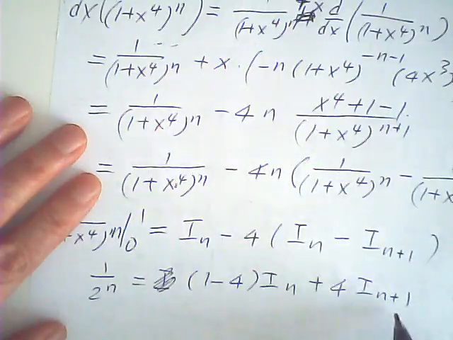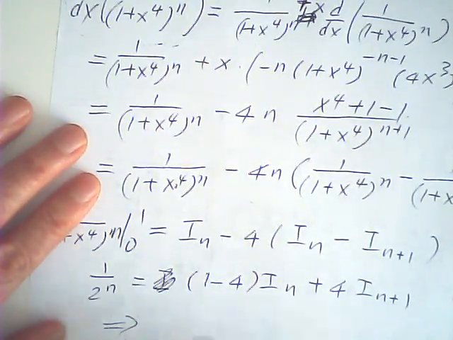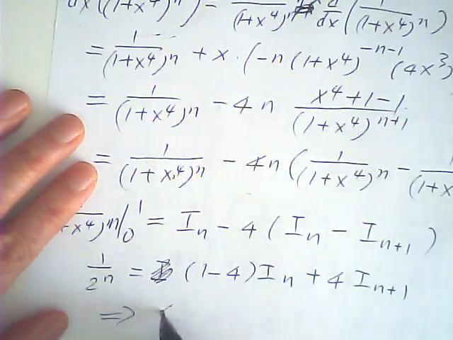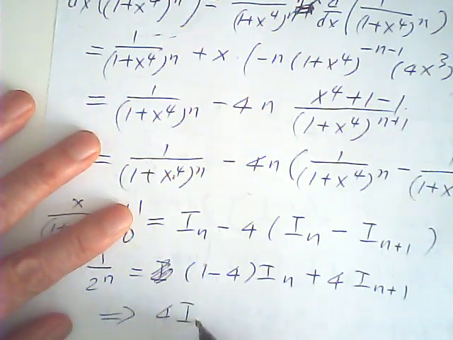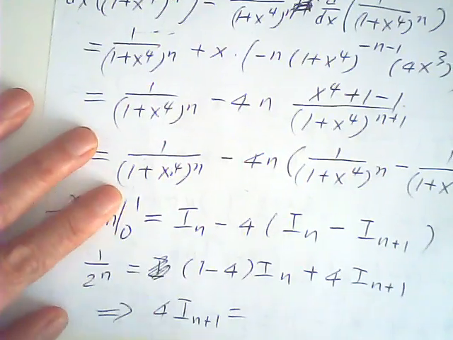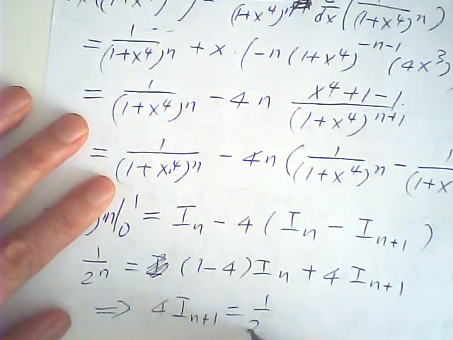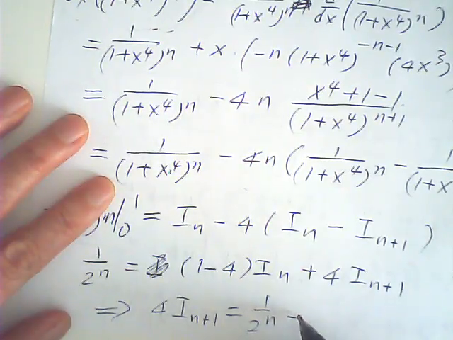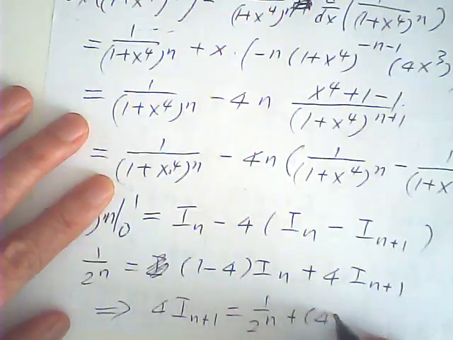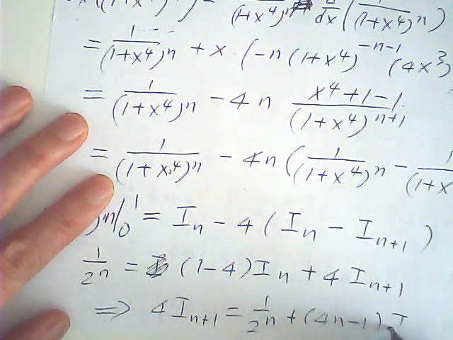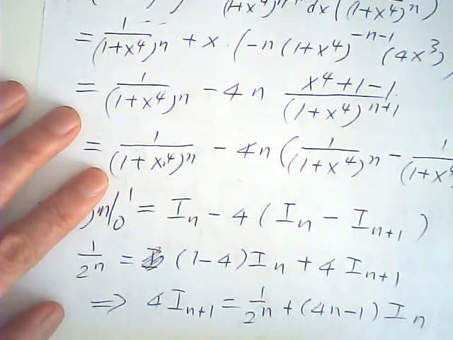Yeah, so this 4n plus 1 is equal to, we move over there, to the n becomes plus 4n minus 1 to the I_n. Wow.